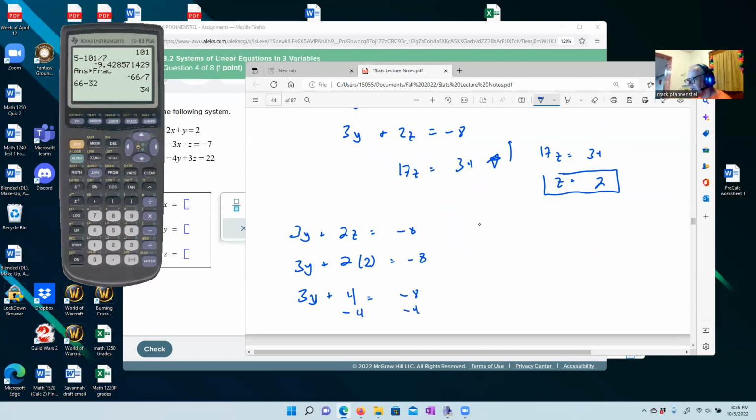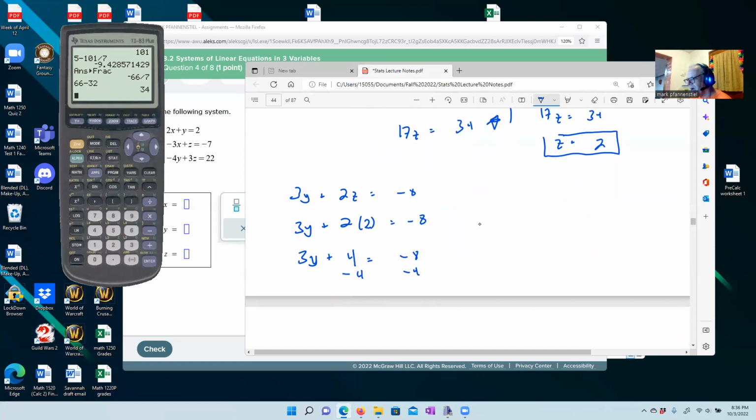Subtract 4 from both sides. So we end up with 3y equals negative 12, and I think we can safely say that y is equal to negative 4. So we have z is 2, y is negative 4.